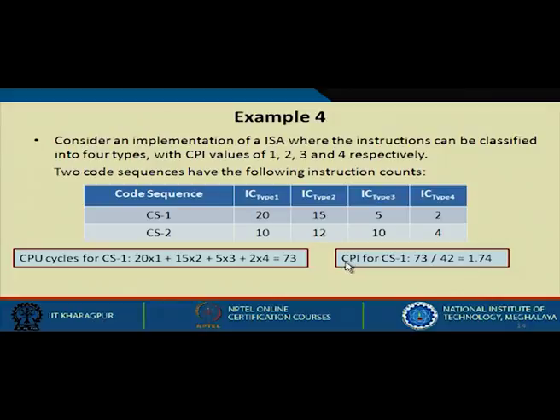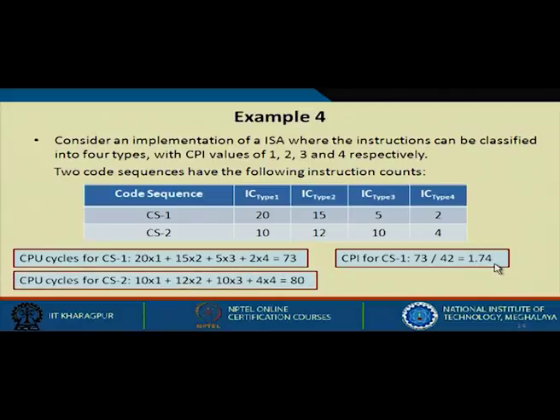So, what will be the cycles per instruction? Total instructions 20 plus 15 plus 5 plus 2, which comes to 42 total instructions. So, CPI will be CPU cycles divided by 42, which comes to 1.74. Similarly, for the next one, total CPU cycles is 80 and CPI is 2.22.